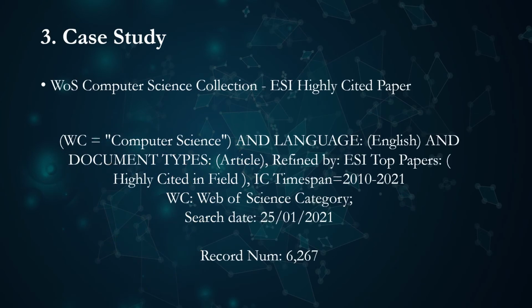Finally, to prove the effectiveness of our methodology, we conducted a case study on the computer science domain. We used this search strategy to retrieve those highly cited papers in computer science domain and ended up with 6,267 records.